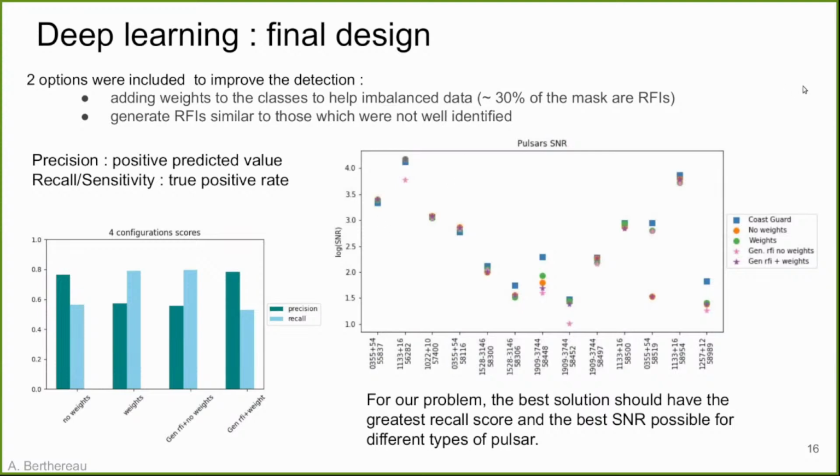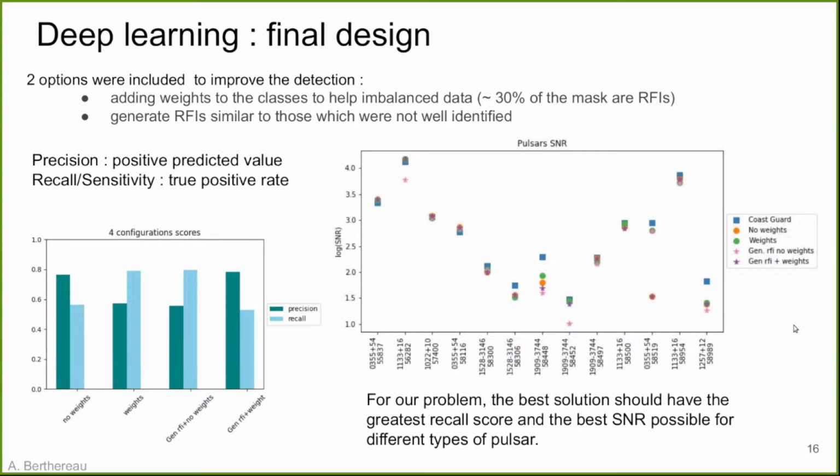So as you can see here on the plot with the signal to noise ratio, the weight configuration only is represented by green circles, and the generated RFI but no weight is represented with pink stars. And you can see that the green circle is almost every time above the pink star.